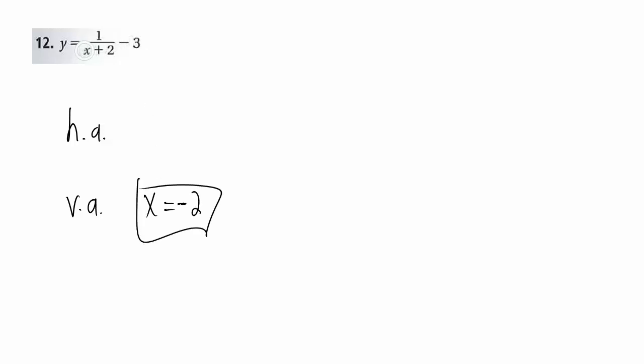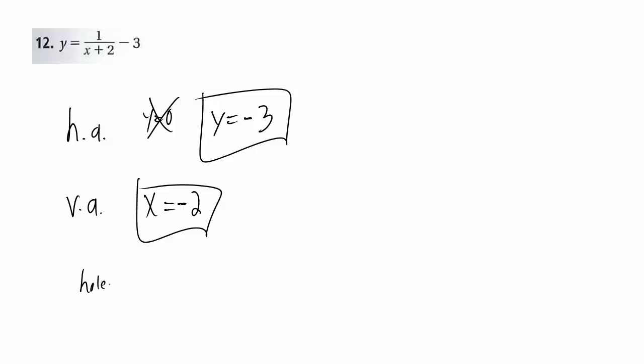And then normally, since the degree of your bottom is higher than the degree of the top, I would think the horizontal asymptote is y equals 0, but because this is shifted down by 3, it's going to be y equals -3.